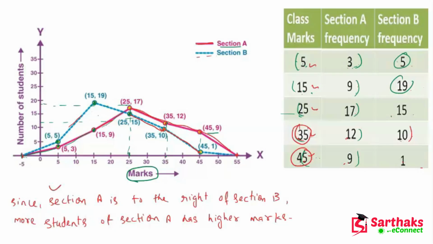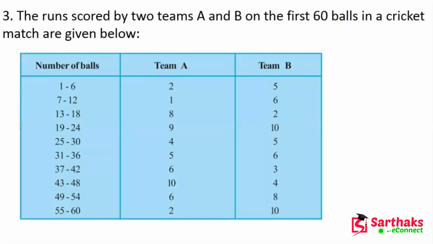Now let's move on to the next question, which is: the runs scored by two teams A and B on the first 60 balls in a cricket match are given. Here you can see that team A scored 2 in the first 1 to 6 balls, and team B scored 5 in the first 1 to 6 balls.